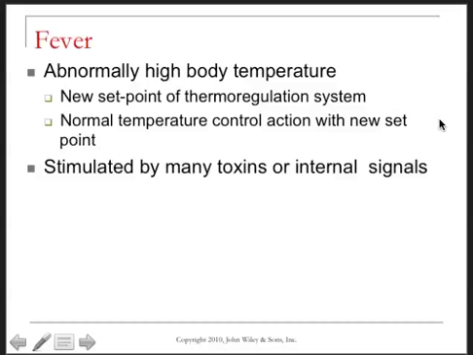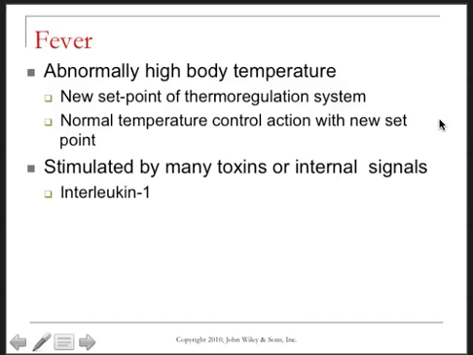It is stimulated by toxins or internal signals, these pyrogens, one of them being interleukin-1, which is one of the chemical signals released by white blood cells when they're activating each other. It also has the effect of raising the body temperature. And what does this do?